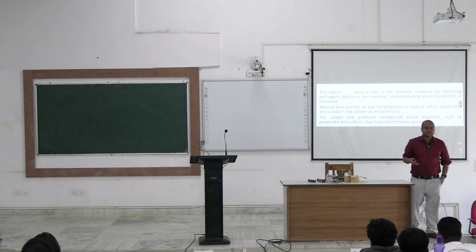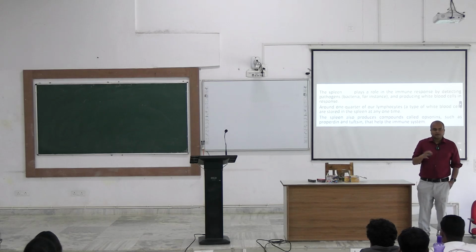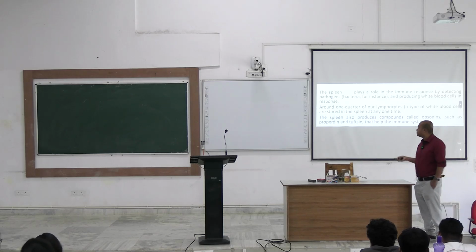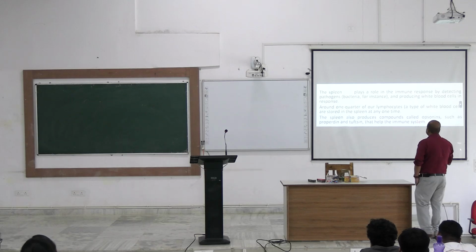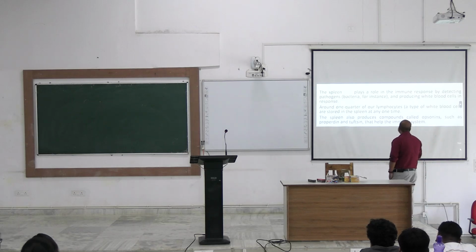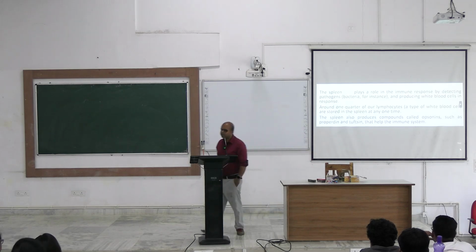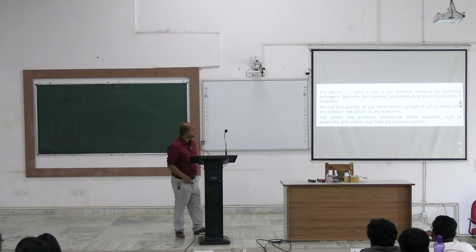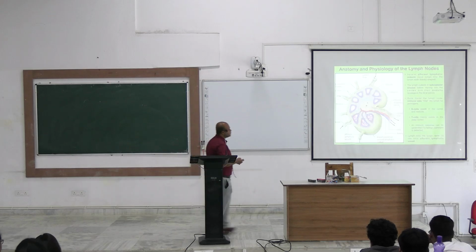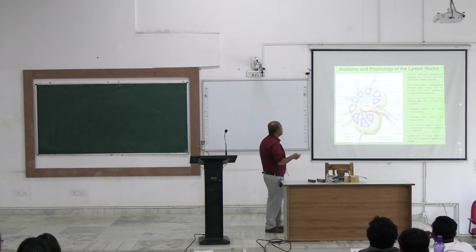When the bone marrow has reached its limit but the body has to fight more, the spleen takes over. The spleen also produces some compounds like opsonins that help the immune system. There are other terms like properdin, but opsonins we talk about. These are certain compounds which have been identified.